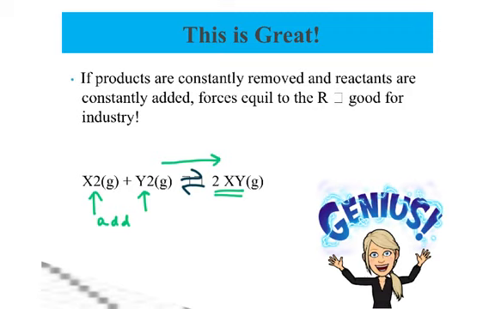Also, since I'm trying to make more product in the first place and give it to my customers, by removing the product, which I need anyways, again, it continues to shift to the right to try to make more. So this is how industries get around the whole idea of when we're stuck with an equilibrium that doesn't make 100% products, we can use Le Chatelier's principle to force the reaction to do our bidding.